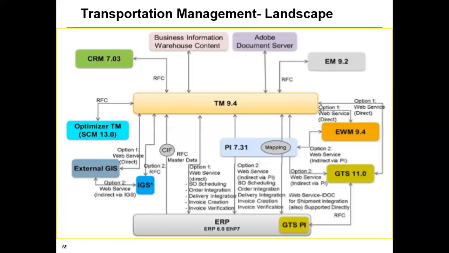So these are the components which can be integrated with the TM landscape using option 1, which involves the web service direct option for all these components, and the prerequisite is we need to activate the business function for the individual components as per the needs. Any question for option 1 deployment?